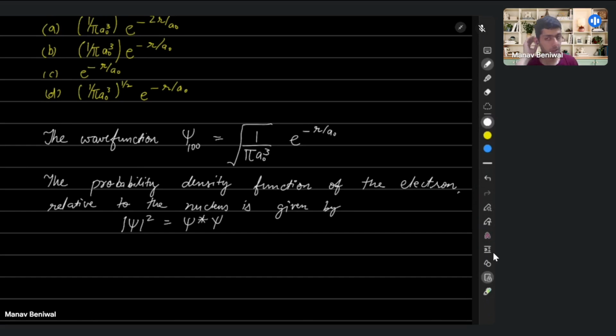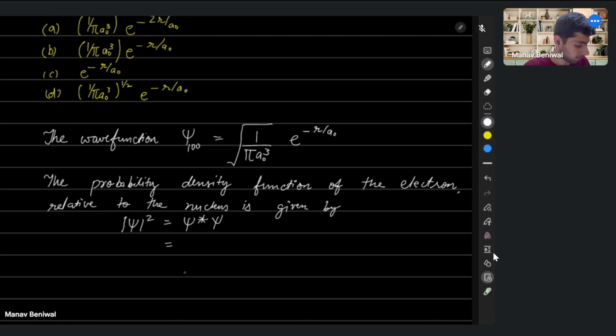This is the same thing which we did in the previous question, right? Note that our wave function psi is a real wave function. It is not a complex wave function, so its conjugate psi star will be the same as psi. So both of them will be the same. Anyway, let's write them out.